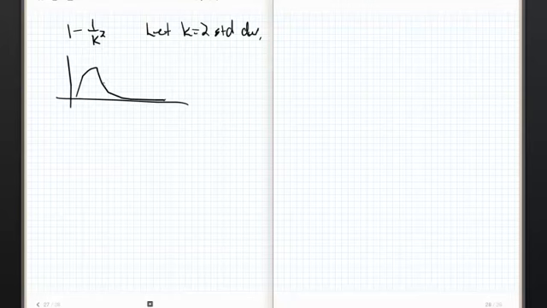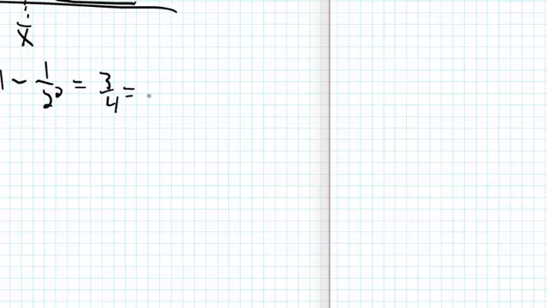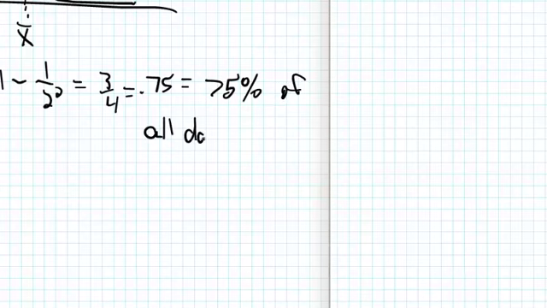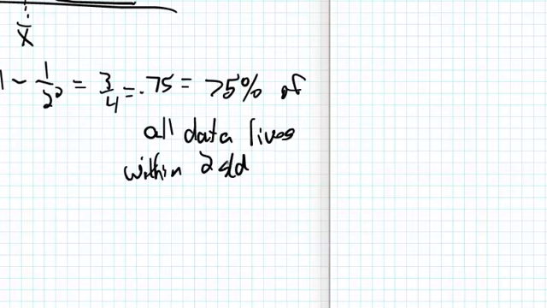But I want to know, let's say that my mean, just for giggles, let's say my mean lives right here, all right? And we're going to assume that this is a sample. I know that 1 minus 1 over 2 squared, which is affectionately known as 3/4, which is equal to 0.75, sorry you guys if I'm boring you, or 75% of all data lives within 2 standard deviations.